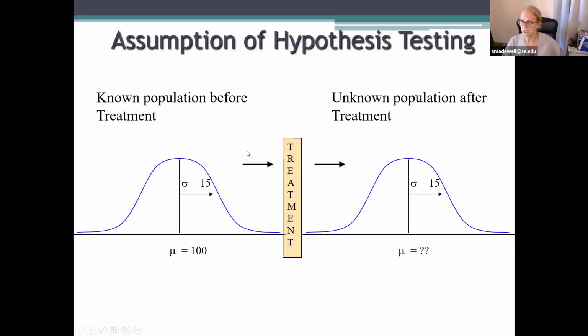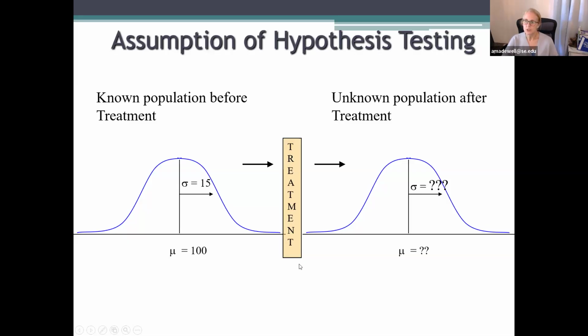Now we have several assumptions. When we're talking about the assumptions of hypothesis testing for an independent samples t-test, what we know before the treatment, for the population, is the mu, the population mean. Okay, what's your concentration rate? Maybe it's 100 items you could concentrate on a day. I don't know, that seems like a lot, but we'll just say that's what it is. And we could say our sigma, the standard deviation for the population, is 15.